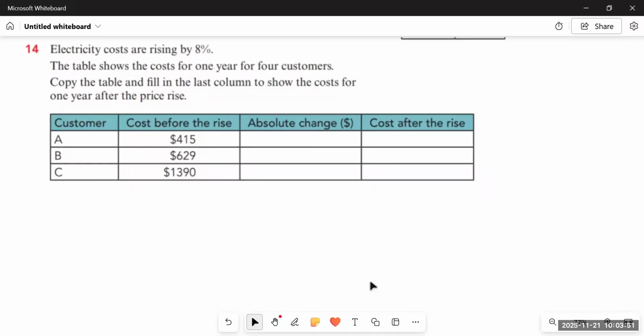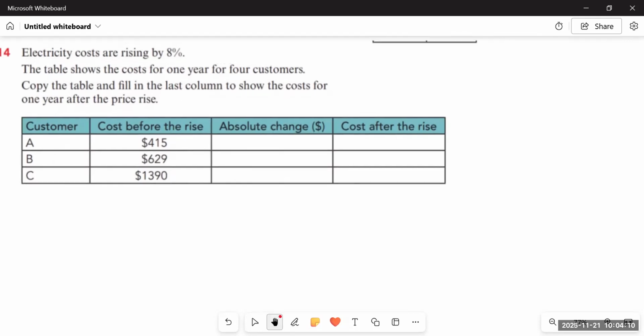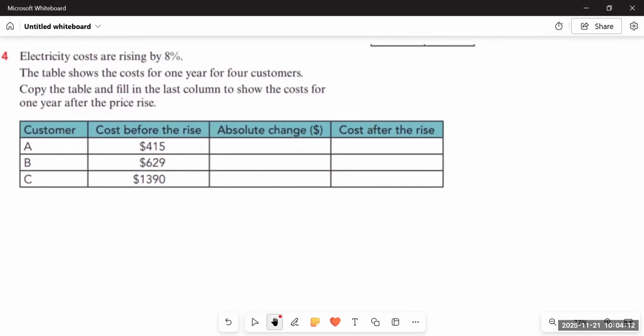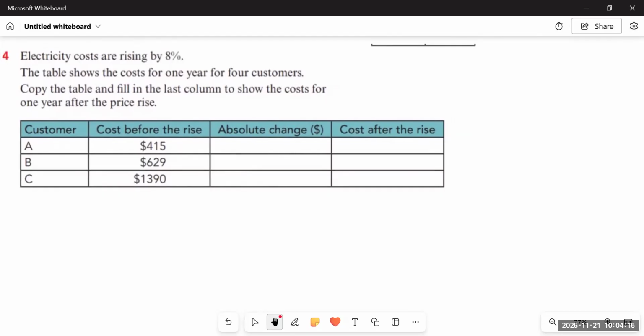Here's the next question, which says electricity costs are rising by 8%. The table shows the cost for 1 year for 4 customers. You have to copy the table and fill in the last column to show the cost for 1 year after the price rise. Since the electricity costs are rising by 8%, the cost before the rise is 415.